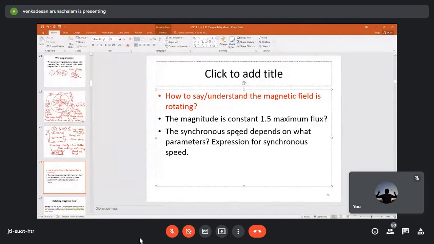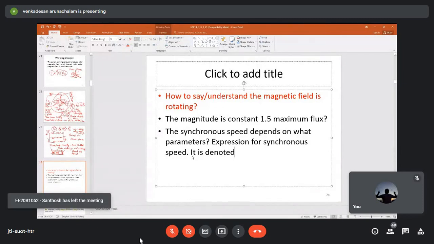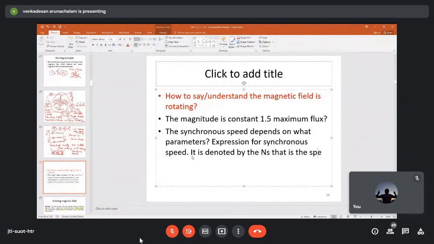What parameters does it depend upon, and what is the expression for synchronous speed? Generally, the synchronous speed is denoted by the symbol ns, and that is the speed of the rotating magnetic field.